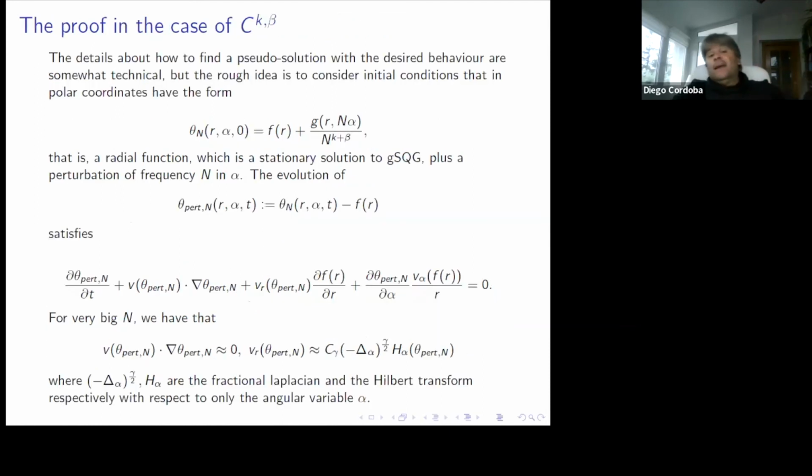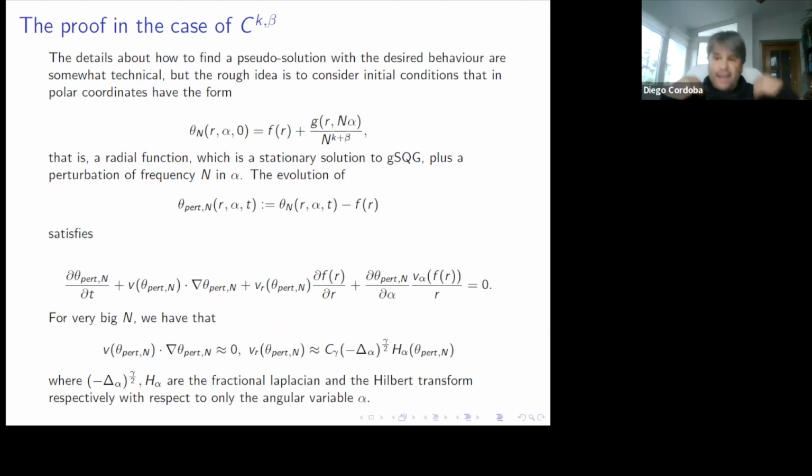For the Hölder norm, when you make the approximation, then you see the equation in the middle. You do the same thing. Now the quadratic term, you get rid of it, but the term that previously had the singular integral operator, which was the velocity in the radial component, now what you have is a fractional derivative of this singular integral operator, and that you approximate by a fractional derivative of the Hilbert transform.